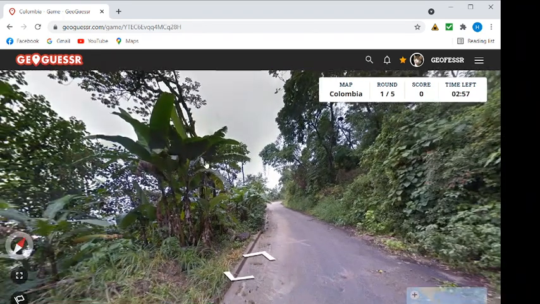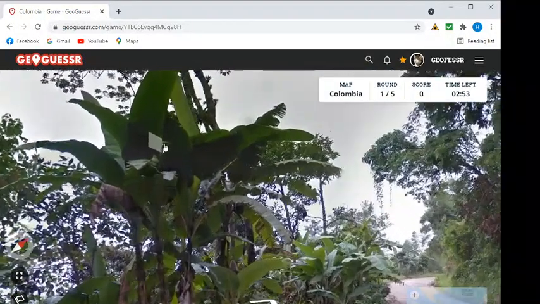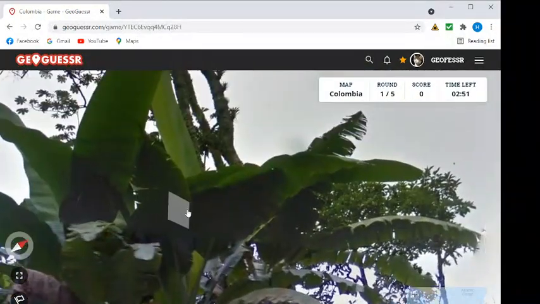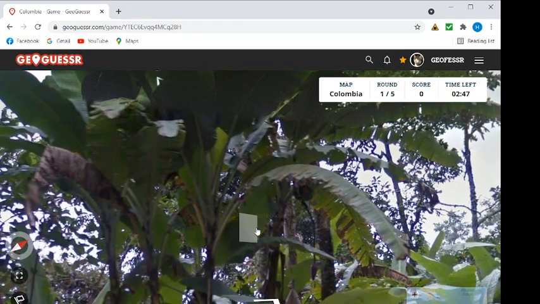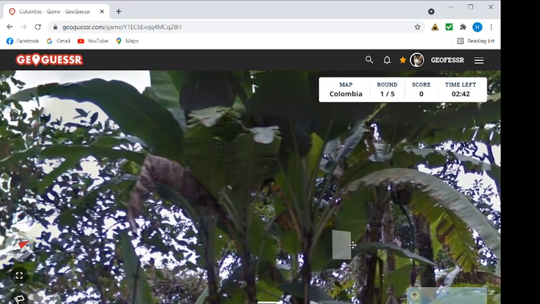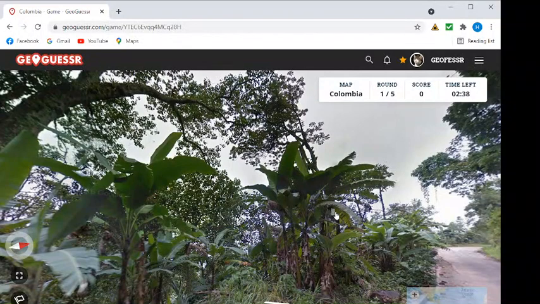Okay, yeah. So this is fairly typical. You can see these large things. These are banana plants. So this means that we are clearly in a tropical climate, and in Colombia these actually will tell you something about altitude.